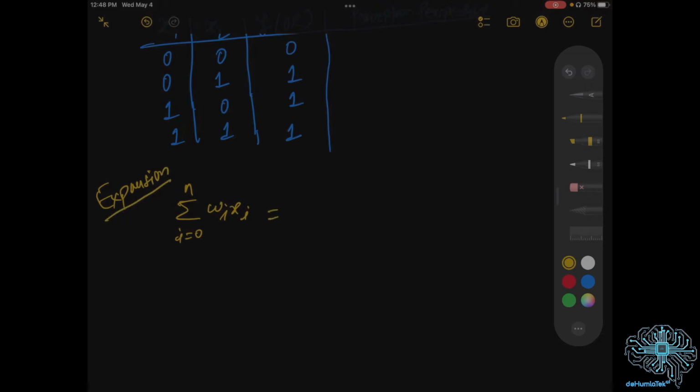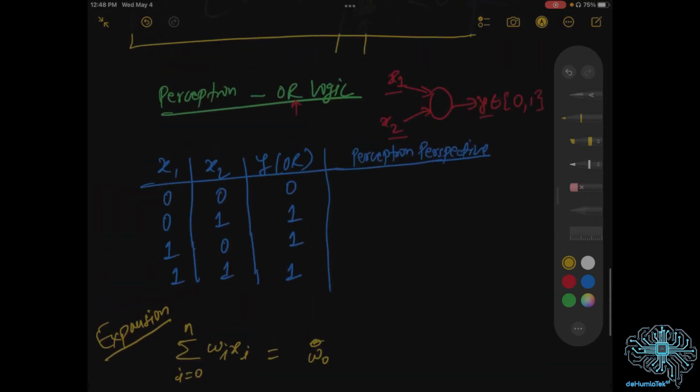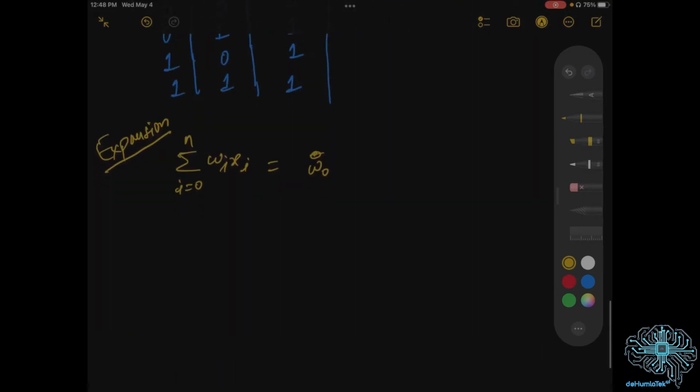This can be expanded as W0 for the two inputs. We'll just be looking at the two inputs: W0 x0 plus W1 x1 plus W2 x2, and we know x0 is 1, right?